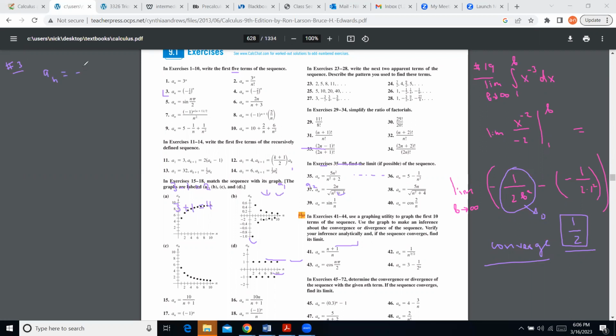And then write down the first 5 terms. So that'd be a1, a2, a3, a4, and a5. And then you just need to replace the n with this index. So -1/4 to the power of 1, -1/4 to the power of 2, and etc.